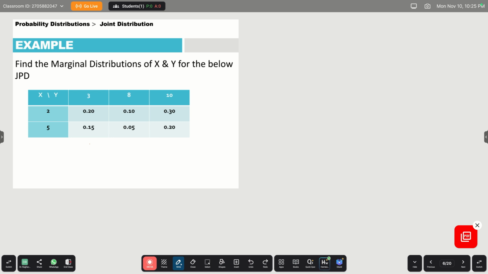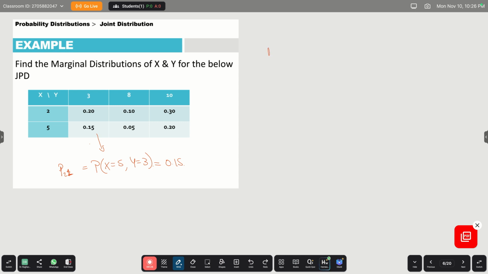For a better understanding, the probability that x takes the value 5 and y takes the value 3 is given by 0.15. That means P21, second row, first column, is 0.15. So this is the joint probability distribution given.